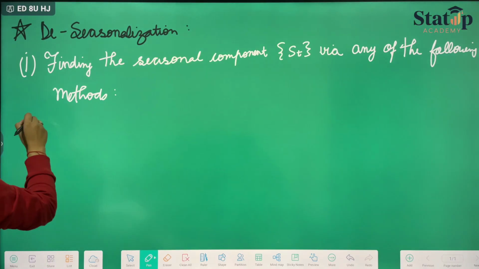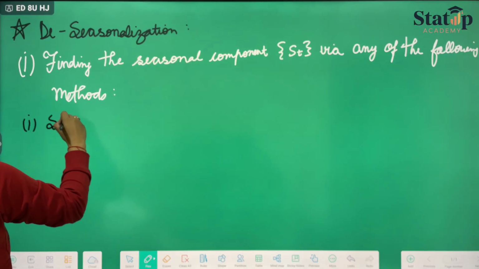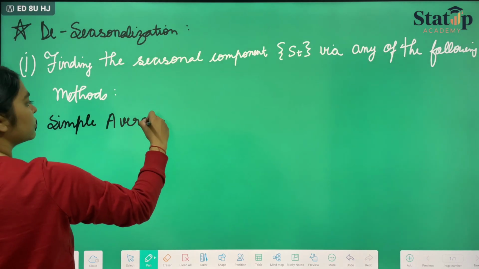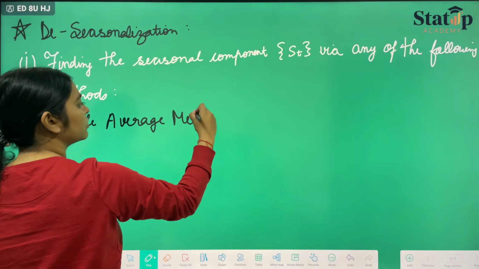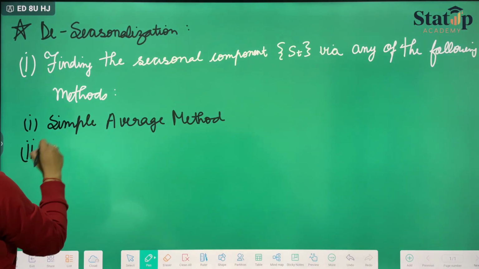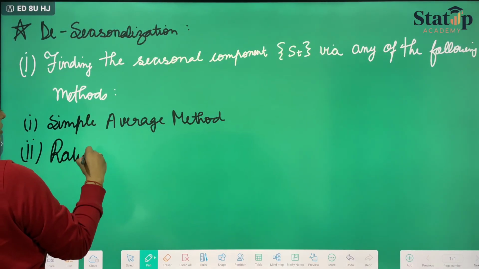First method was the simple average method. Second was the ratio to trend method.